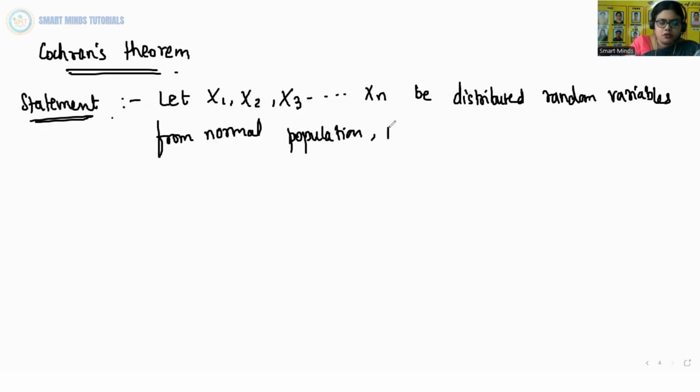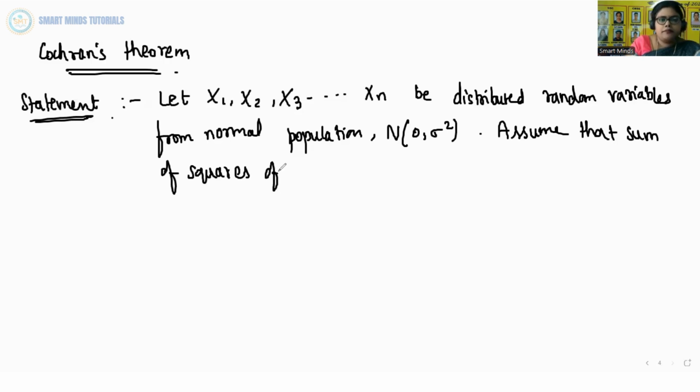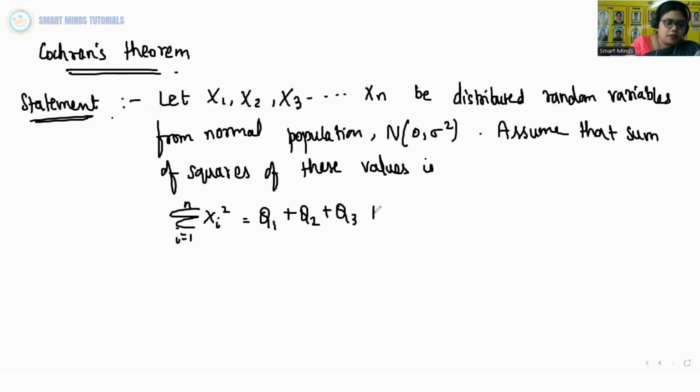Normal population is denoted by N of 0, sigma square. Assume that sum of squares of these values, sigma i is equal to 1 to n, xi square is equal to q1 plus q2 plus q3 plus so on up to qk.